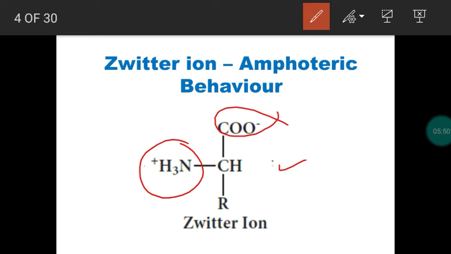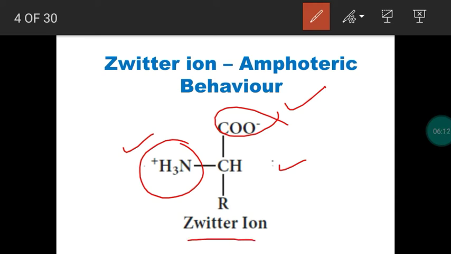If a proton H plus moves from the carboxylic acid functional group to the amino functional group, we obtain a negative charge in the carboxyl part and a positive charge in the amino part. So the amino acid molecule has both positive as well as negative charges. Now the amino acid is called a Zwitter ion.